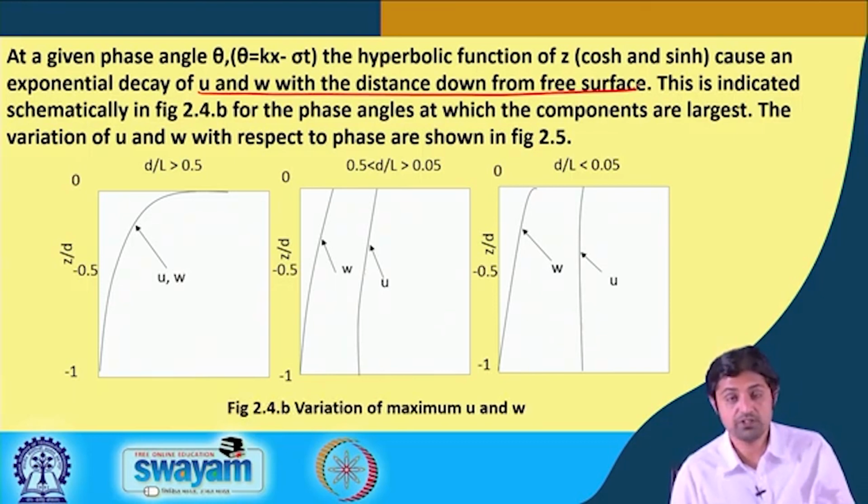Variation of maximum u and w. If we take a fixed phase angle, whatever that is does not really matter, because it will be the same for different z; the periodic term, cos theta or sin theta, will remain the same.